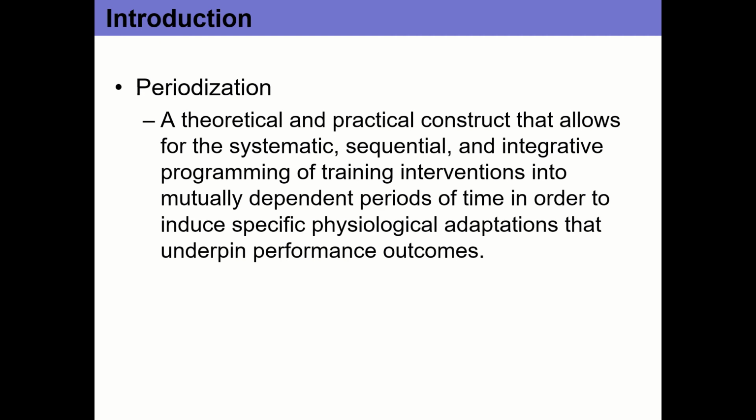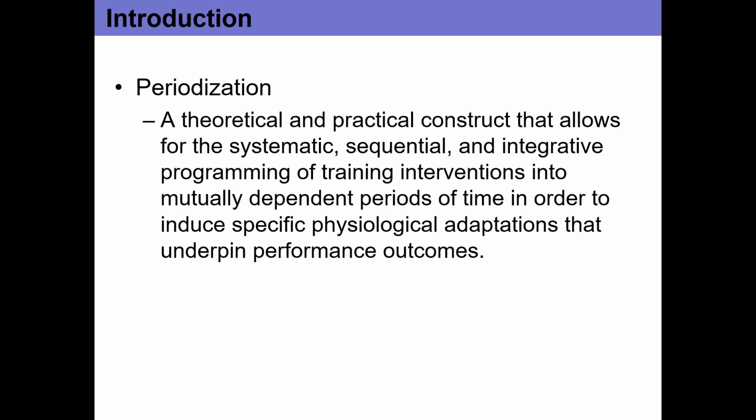So for example, during the general preparatory phase, we're going to do things like have them lift light to moderate weights, relatively high volume, so low to moderate intensity, moderate to high volume. And in doing that, we're going to try to, for a football athlete, for example, generate some muscle hypertrophy. So we're going to try to add some lean mass to them going into the preseason and then the main part of their competitive season.